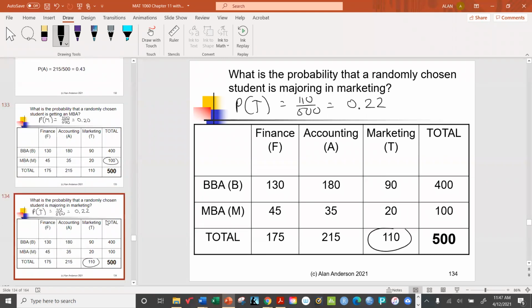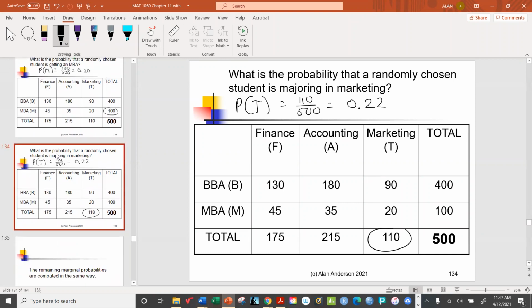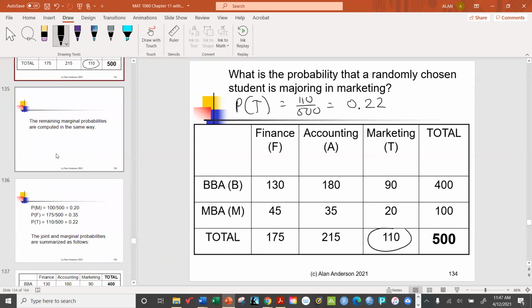Why don't we look at the column that contains all the marketing majors? So again, we don't care about whether they're getting a bachelor's or a master's. There's 110 people getting their marketing degrees out of 500, which means that that probability is 22%.